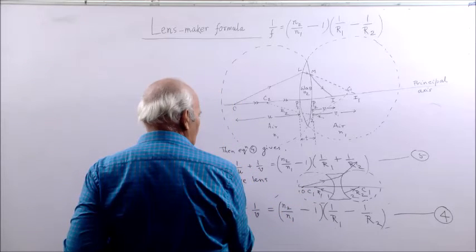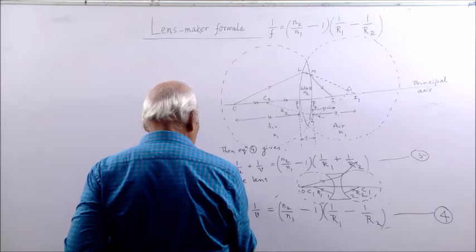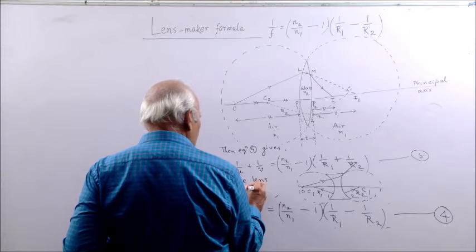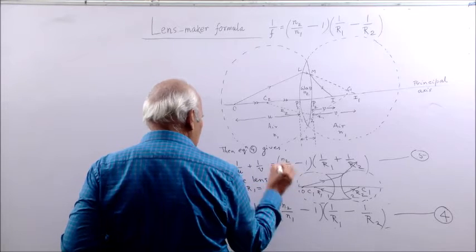So R2 is positive, R1 is against the ray direction, so R1 is negative.